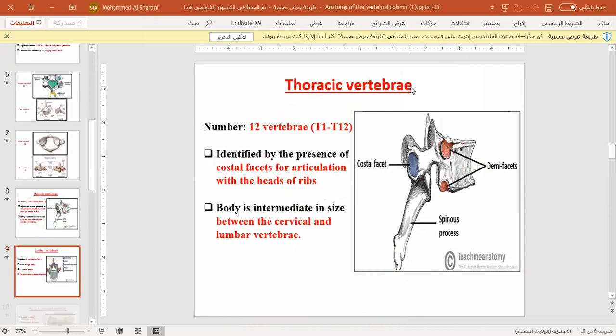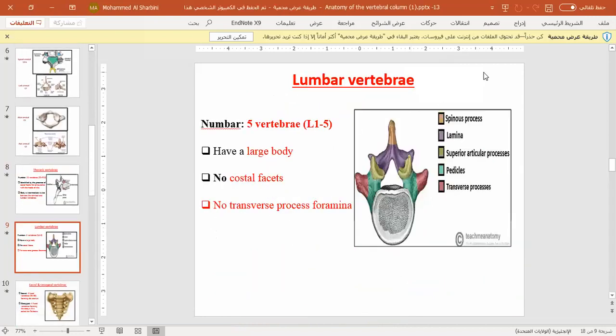Okay. What else? Lumbar. Who can identify the lumbar? First we look at the body. No, the foramen in the transverse process. Is it yes or no? No. So, second step, I look to what?